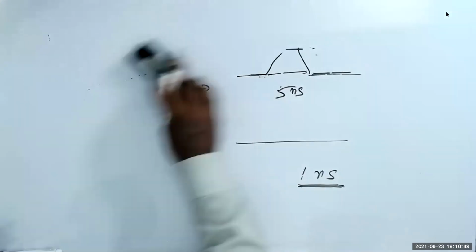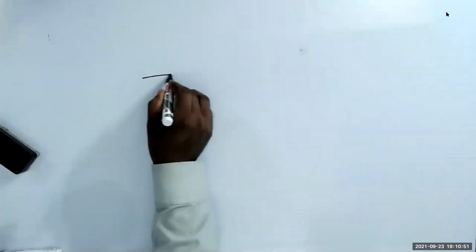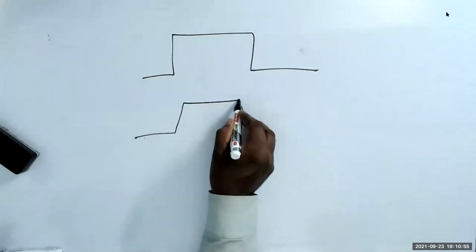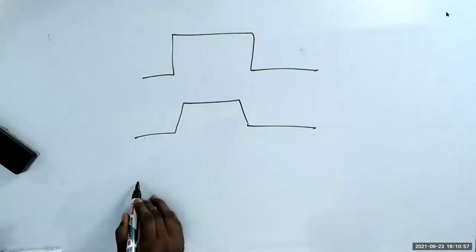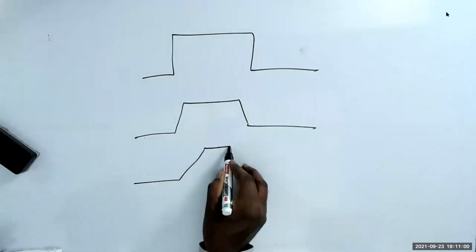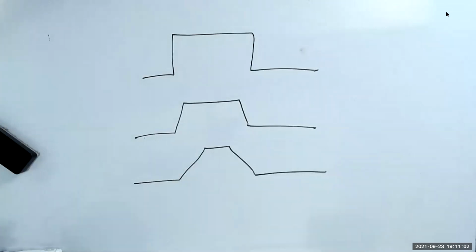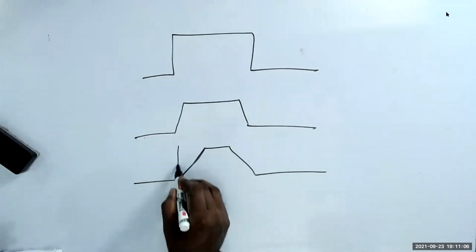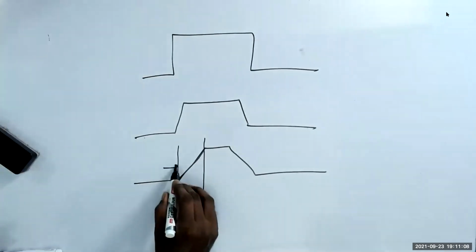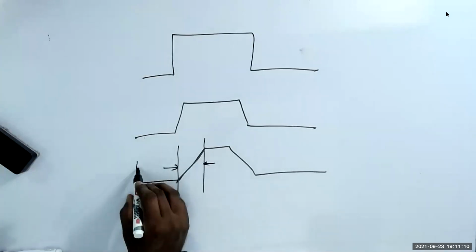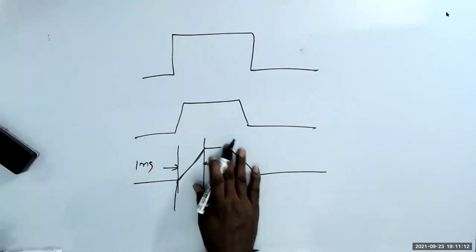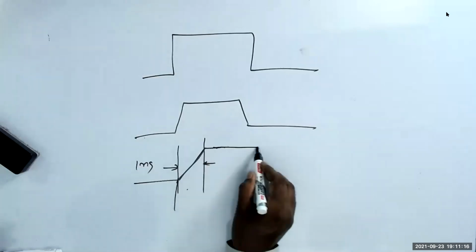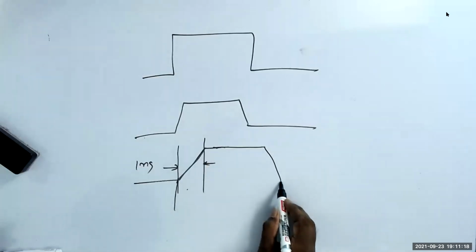Now I'm telling you why sometimes they draw like this, sometimes like this, sometimes like this. Because the rising time is 1 nanosecond, but the total time is 5 times that.